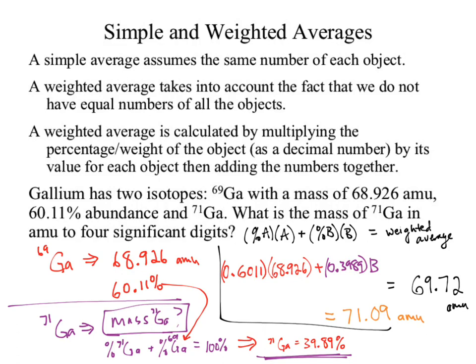Okay. As far as approximations go, that's probably reasonable. Why might we say that's probably reasonable? Gallium-69 has a mass that is roughly 69. What do you think the mass of gallium-71 is going to be? Probably similar to 71. So in the grand scheme of ballpark calculations, that's not too far off. And we have an answer.